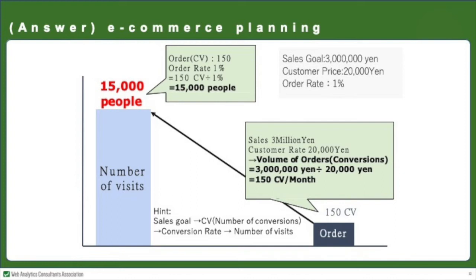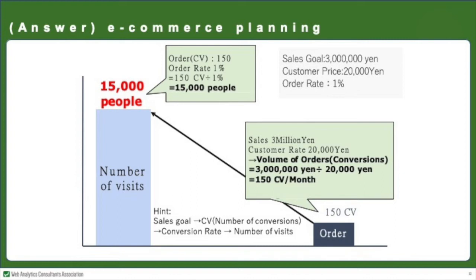In this case, dividing by 20,000 gives 150 conversions per month, and since 1% order, you divide 150 by 1% and get 15,000 people.